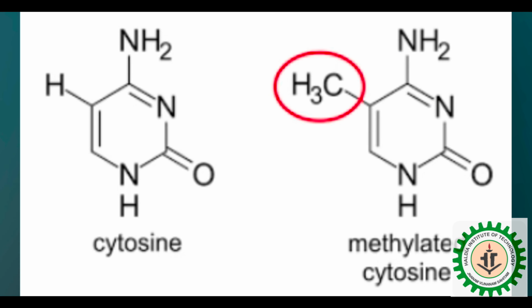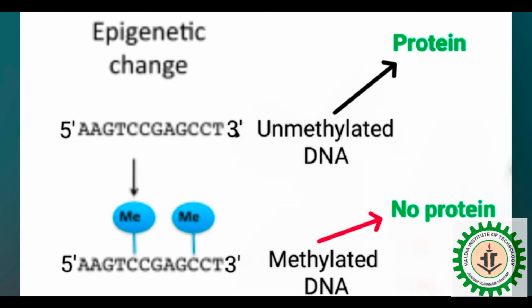In that kind of regions, the 5th carbon of cytosine can have a methyl group instead of a simple hydrogen. That is called a methylated cytosine or 5-methyl cytosine. That creates the DNA methylation, and this will help to silence the gene.